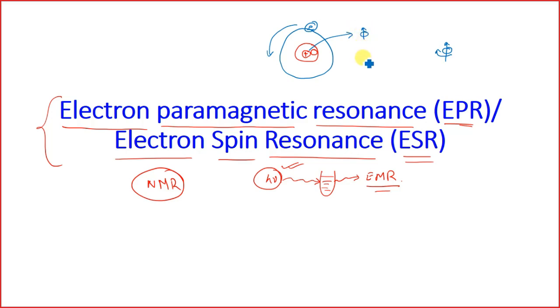So in NMR spectroscopy we had the samples, and the electromagnetic radiation was made incident onto the sample in bursts. That means for some time we make radiation incident onto the sample, and in the second instance we stop it.